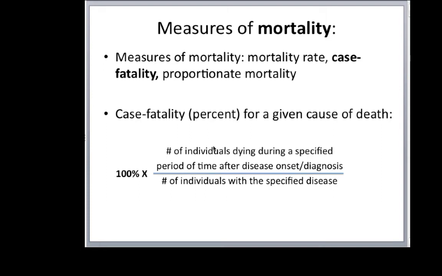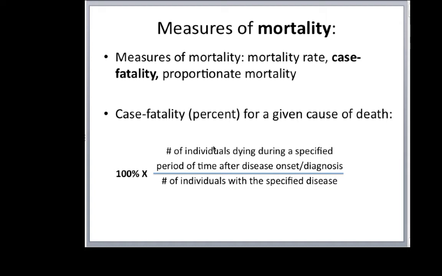Okay. I'm going to skip over this for now, but we can come back. I do want to say something about case fatality, though, because this is also a very useful measurement. This is looking at the likelihood of dying of a particular disease, given that you have the disease. It's often calculated as a percent.